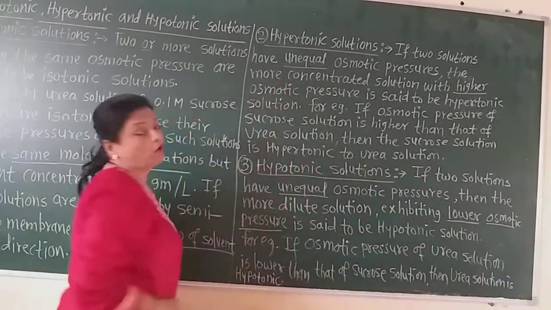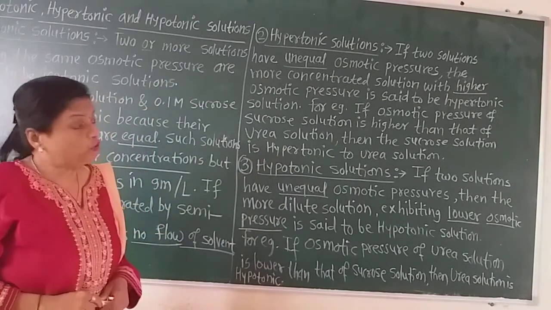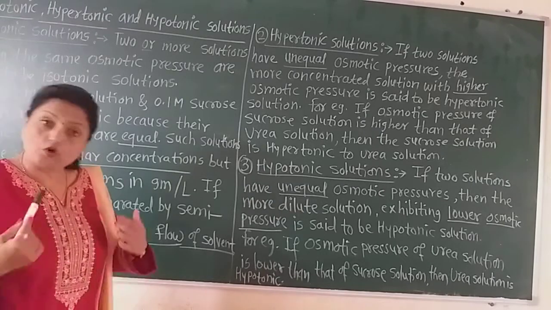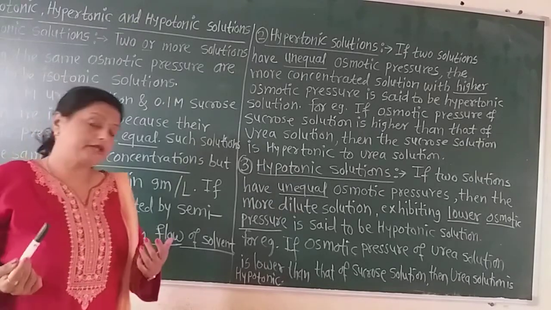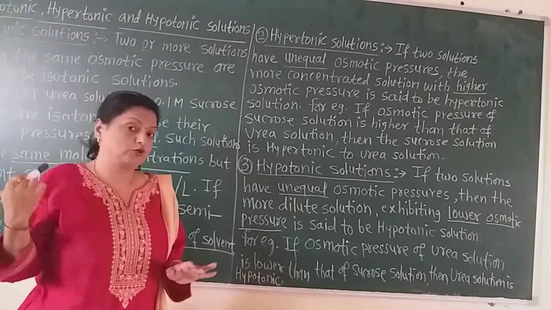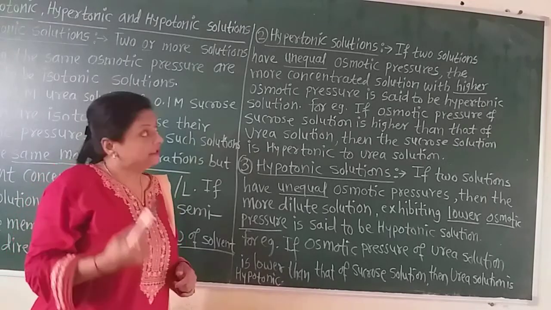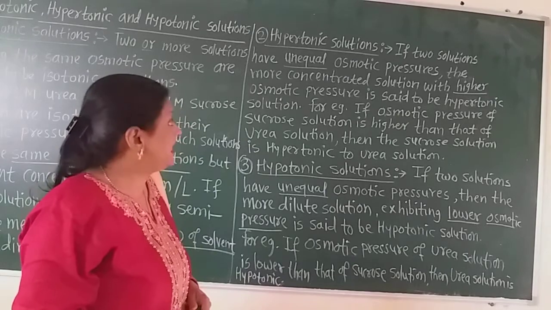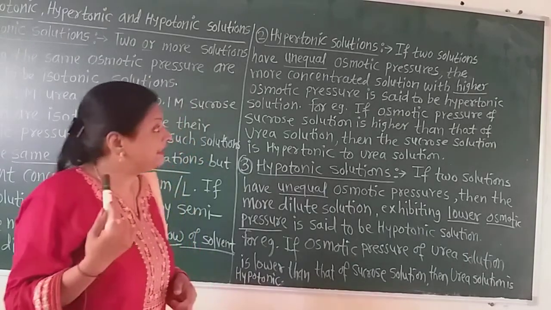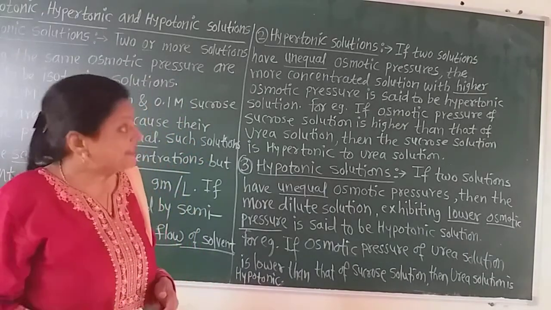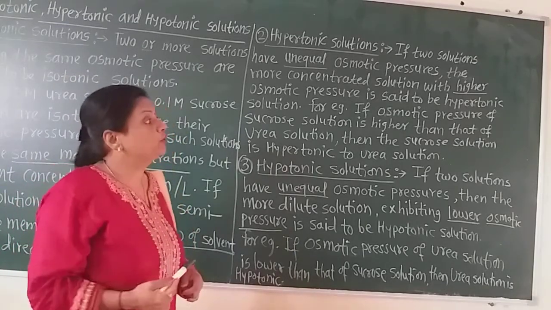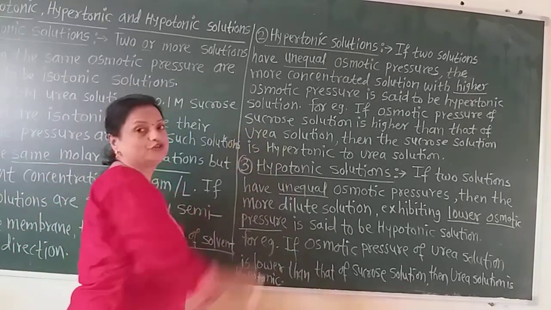If two solutions have unequal osmotic pressures, their osmotic pressures are not equal as in the isotonic solution, then the more concentrated solution with higher osmotic pressure is said to be hypertonic solution.